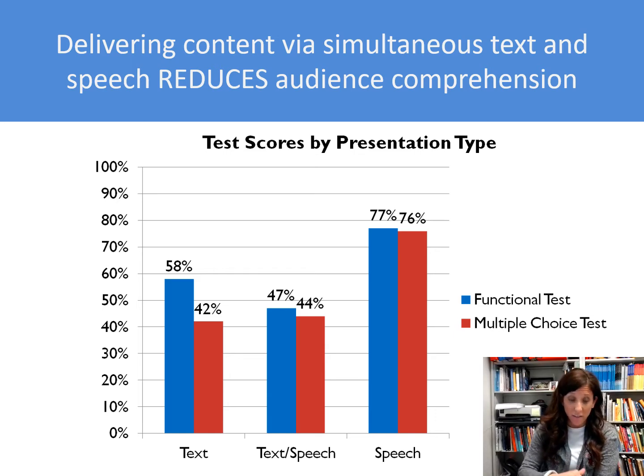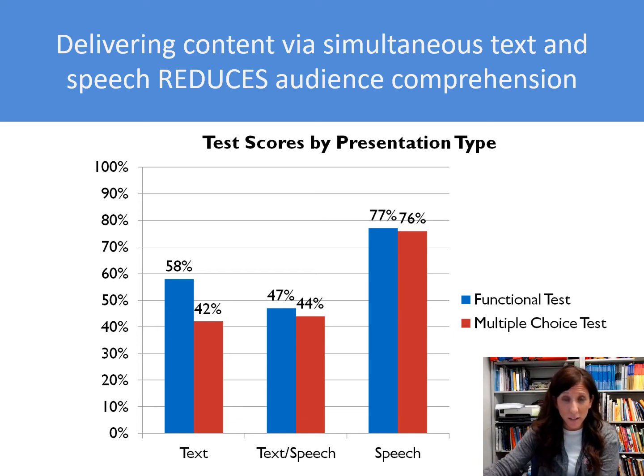After each group received the same info, just presented in a different way, they then took tests regarding transmission repair. The functional test is referring to students taking a test to actually fix or work on the transmission. And then the multiple choice test is the other way that students received an exam regarding the information that they learned.